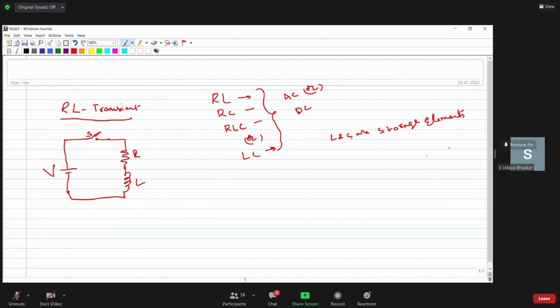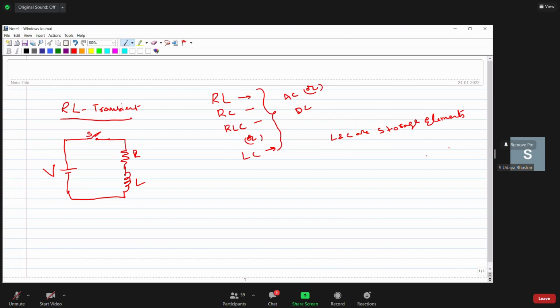If you give voltage to the capacitor, a sudden change of voltage will not be allowed through it. So these are the things happening in the inductor and capacitor, so that we can have an RL circuit, RC circuit, RLC circuit or LC circuit.